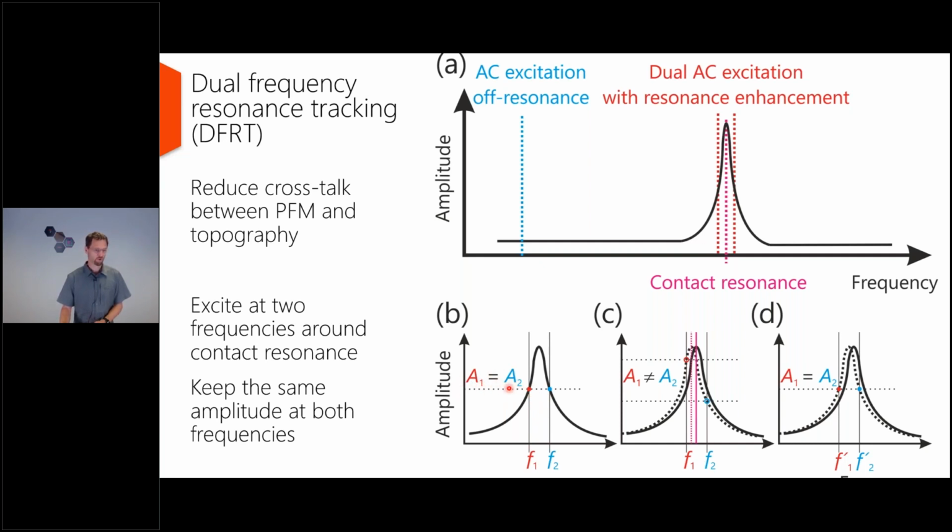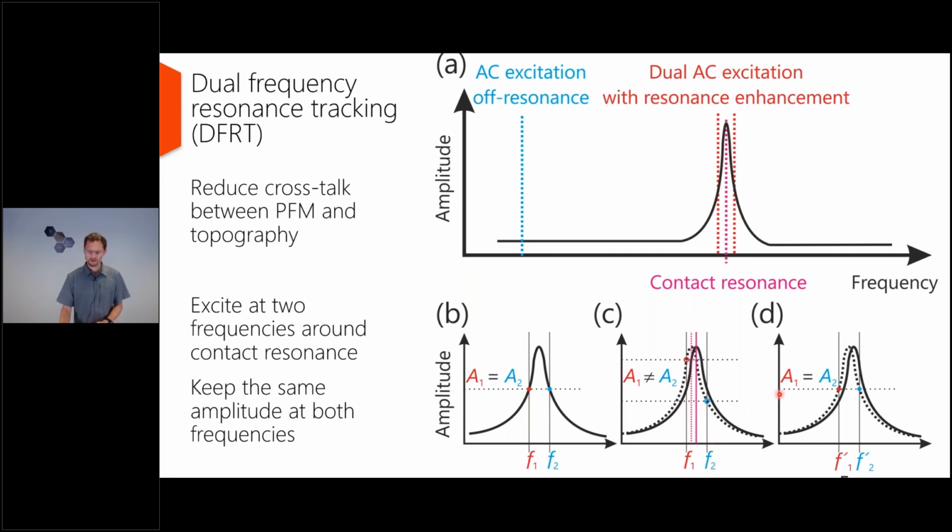That means a 0 amplitude difference between these values. What happens now if the contact resonance frequency is shifting because, for example, the mechanical interaction changes? Then you will get a shift from the solid to the dashed line of the resonance peak, and suddenly the amplitude at frequency 1 is not equal anymore to the amplitude at frequency 2.